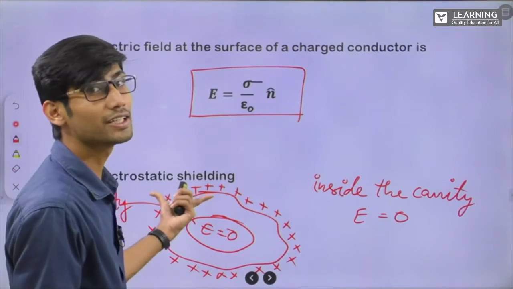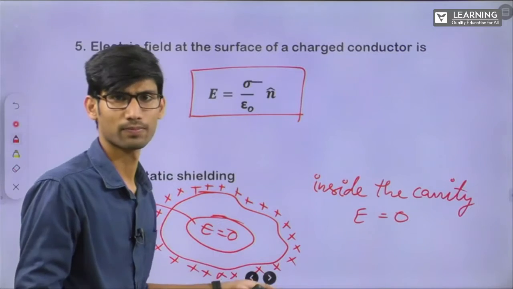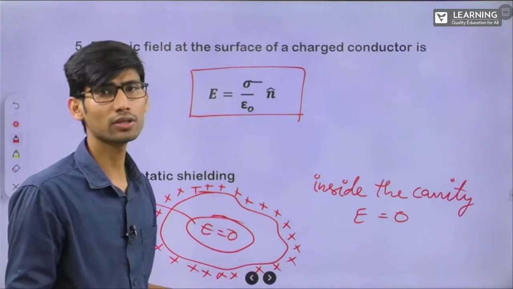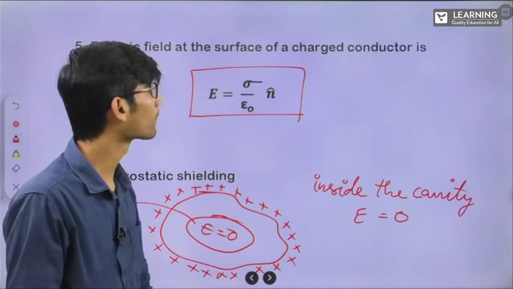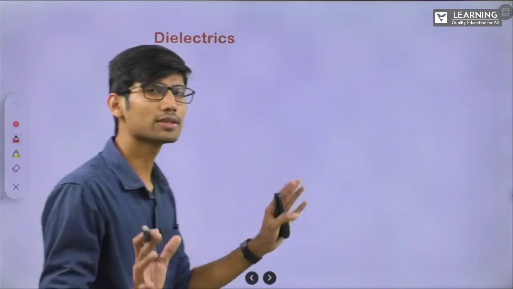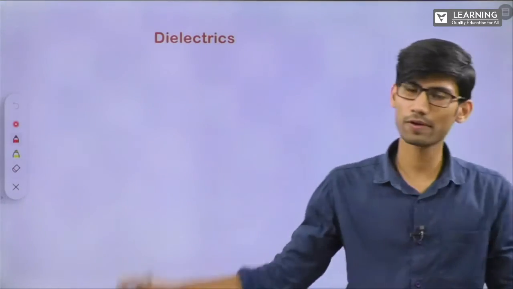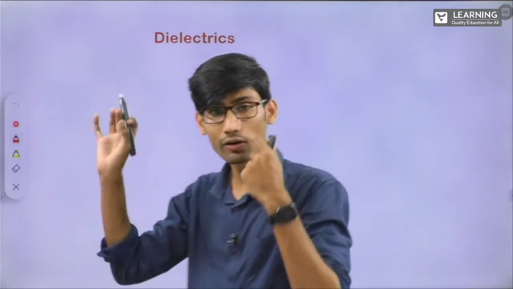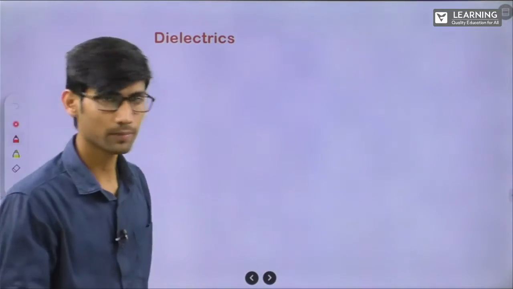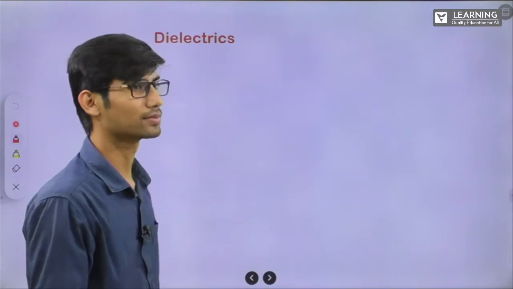So electrostatic shielding means this cavity is shielded. The electric field will always be 0. This is what shielding is. Next. So these were the 6 properties of conductors which will always be true for any conductor of any shape and any size. Okay. Now let's see dielectrics.